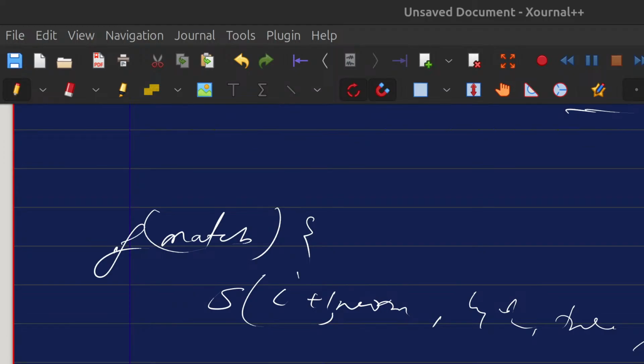And similarly we do this for word 2 also, for int j equal to last 2 plus 1, j less than word 2 dot size, j plus plus.